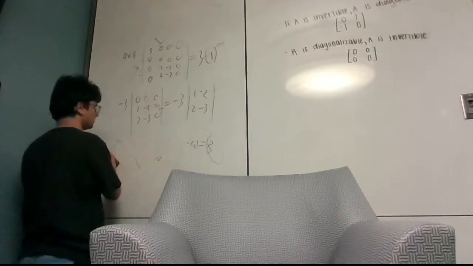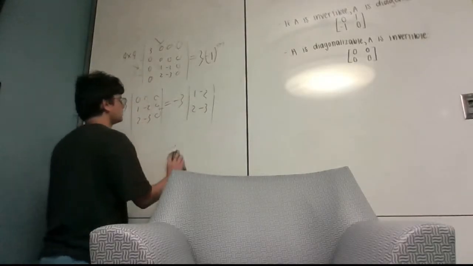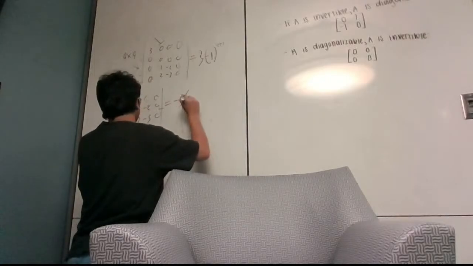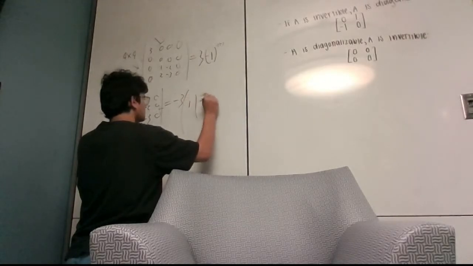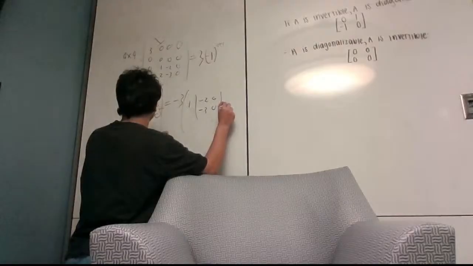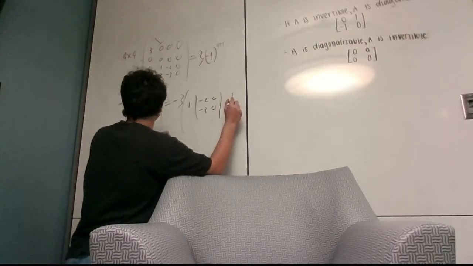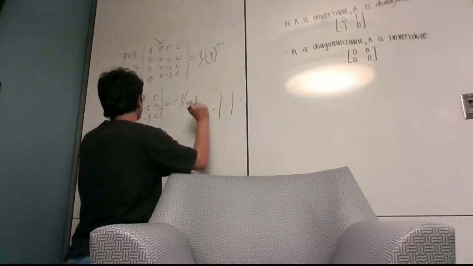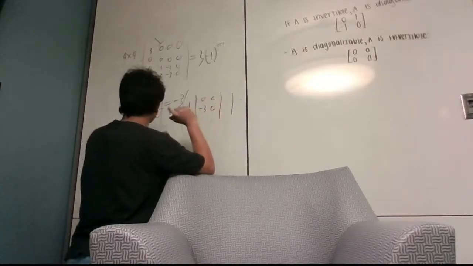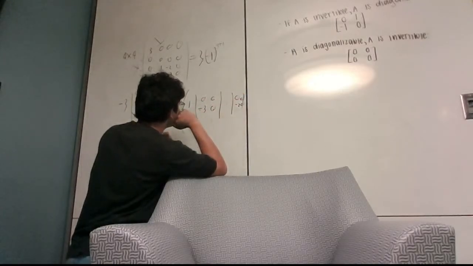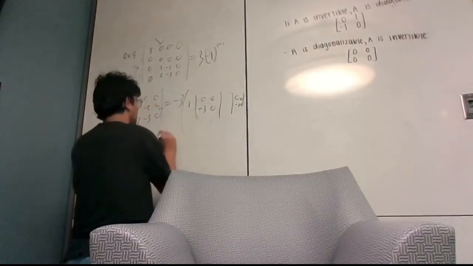Okay, wait. 3 times 1 minus 2, 0, plus 3, 0, and then minus 2, 0.